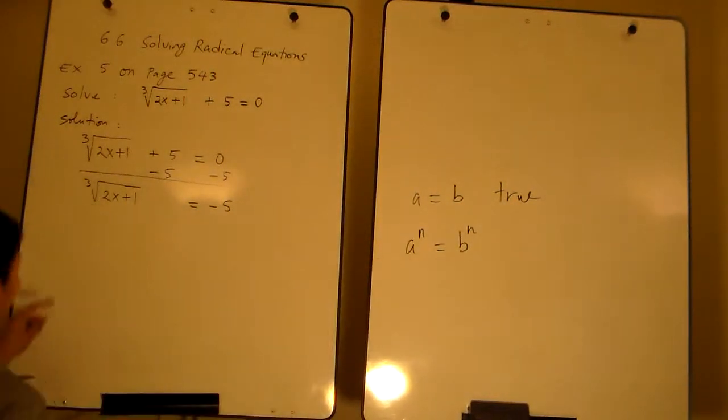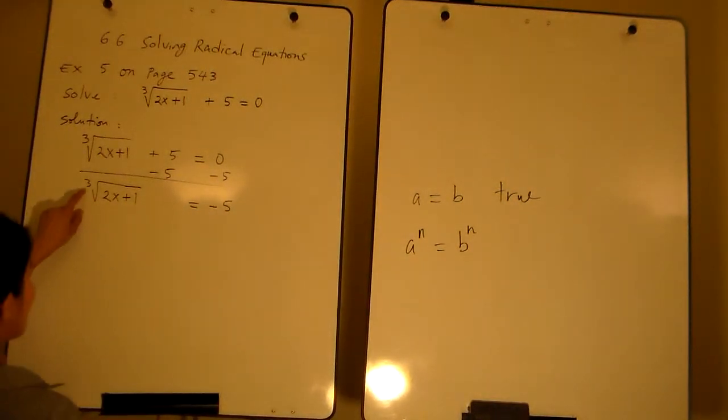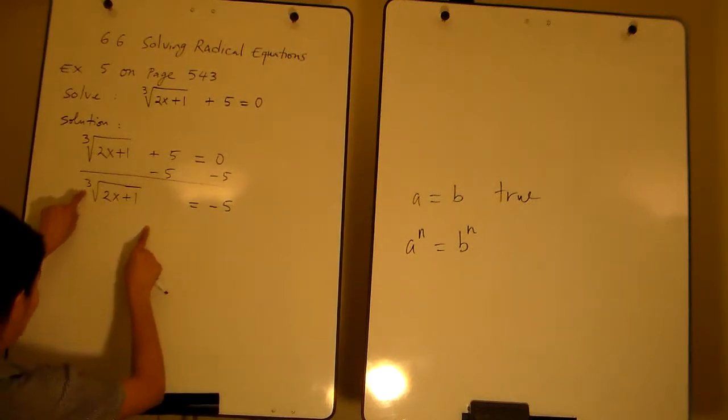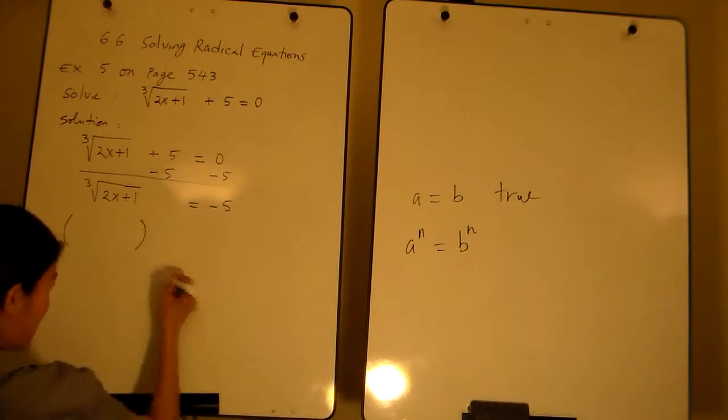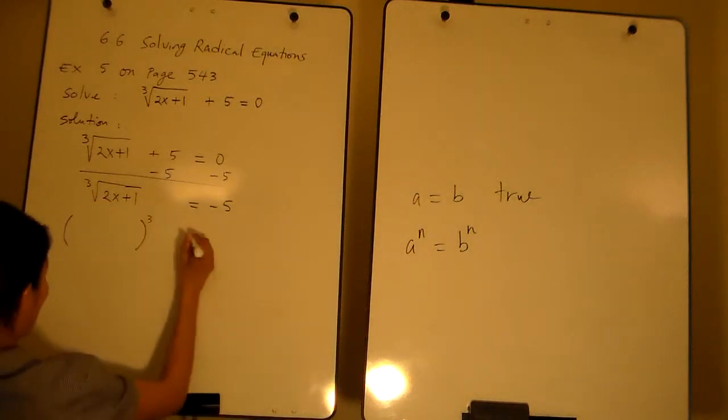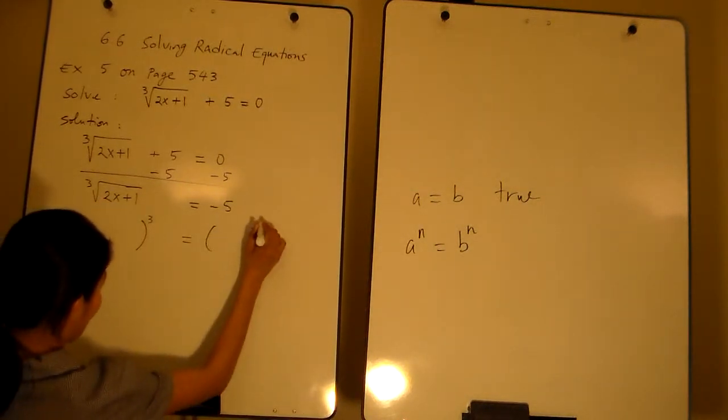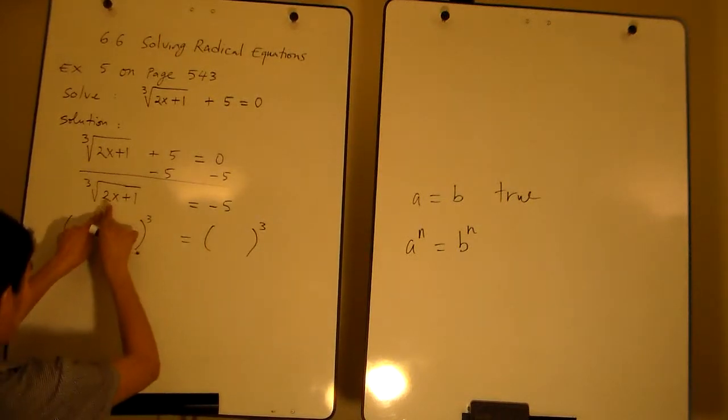This power n depends on the index of the radical. Because the index is 3, I'm going to raise both sides to the power of 3. Again, the goal is to remove the radical.